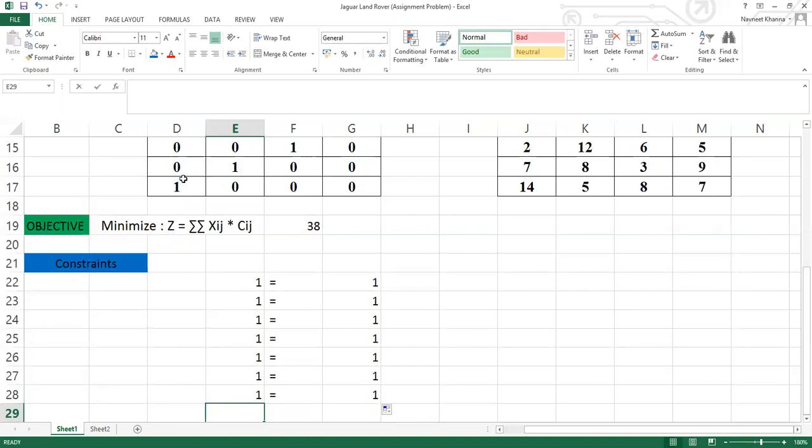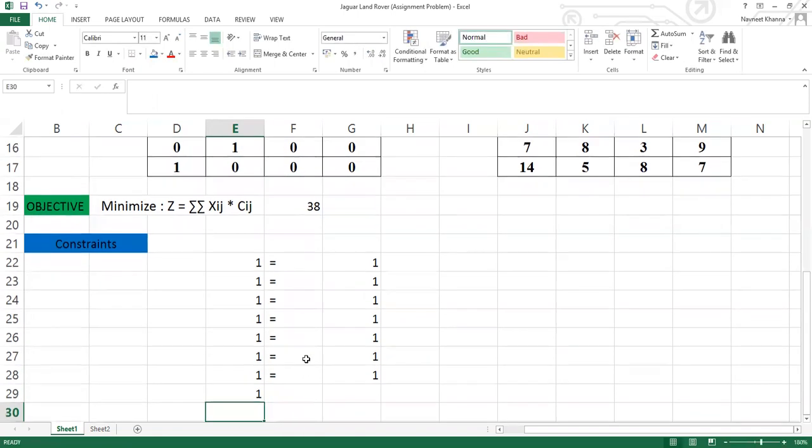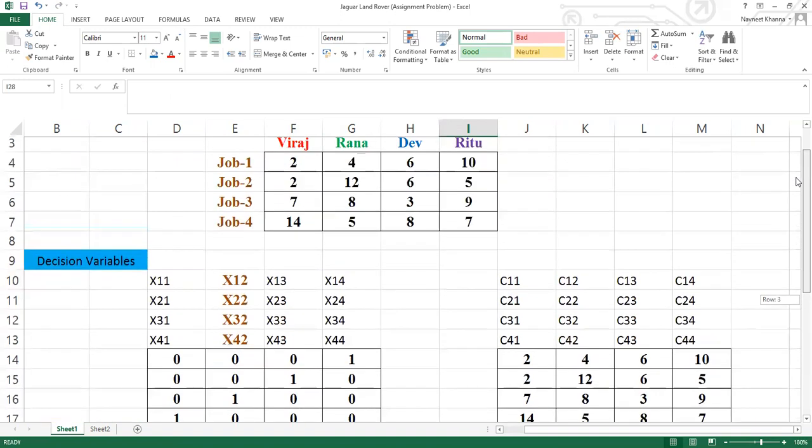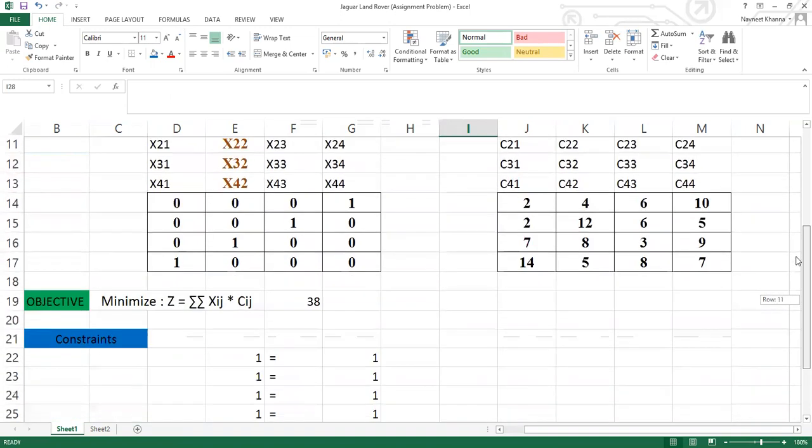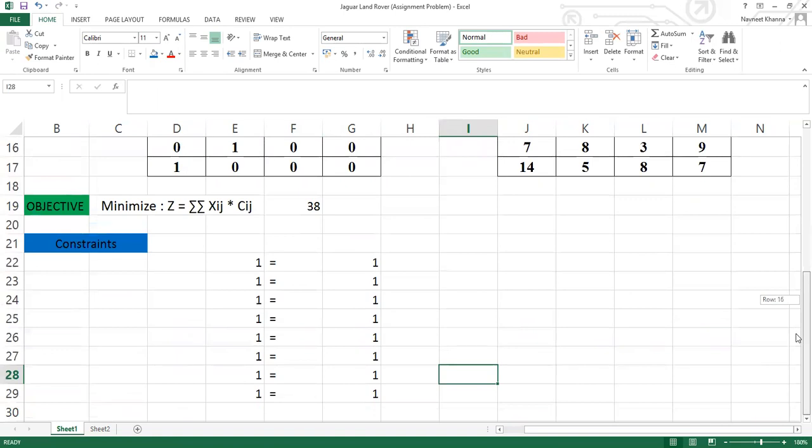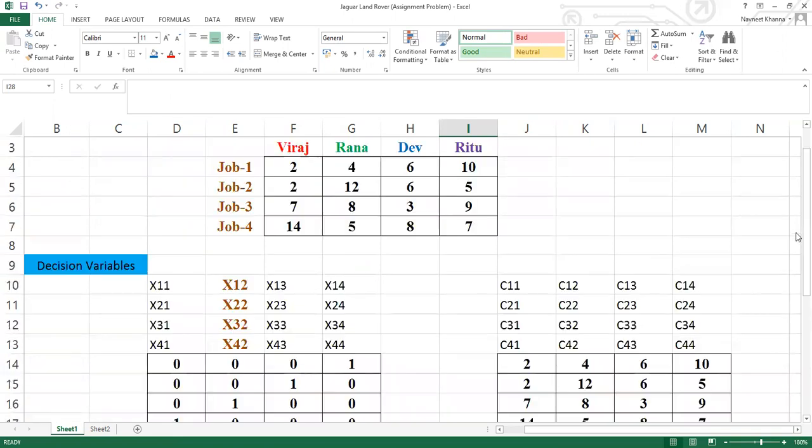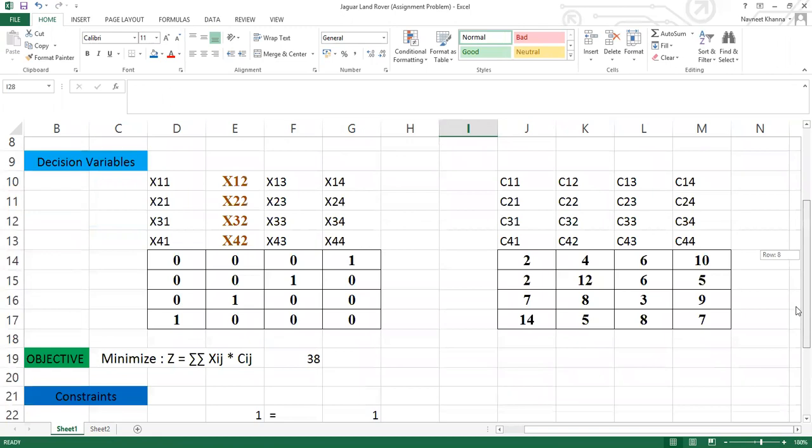And the last one is X41 plus X42 plus X43 plus X44 is equal to 1, right? So now we have defined all the constraints, and our mathematical formulation is completed. We have the objective function and the constraints, and all Xij's are binary, having values 0 or 1. Okay, now let's solve it using solver.